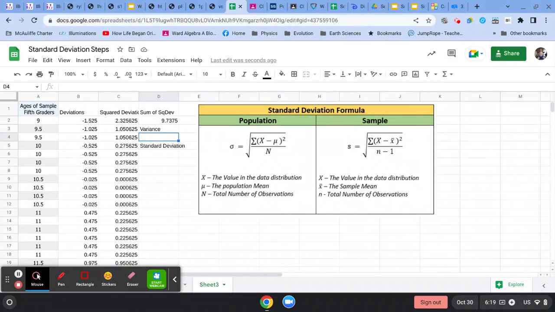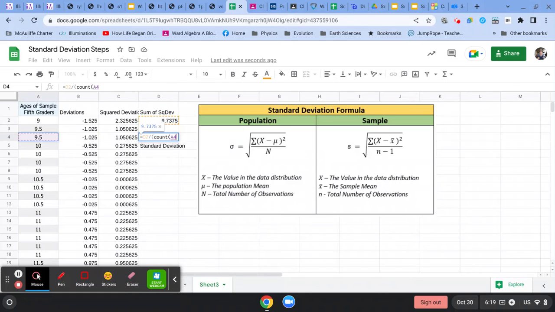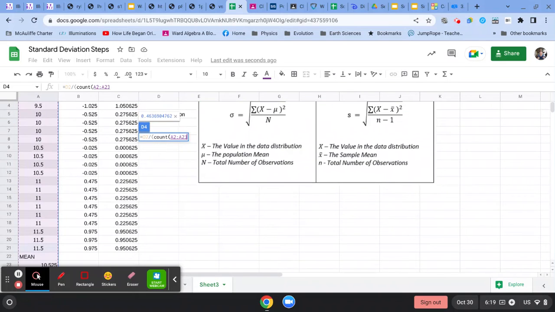Now I want the variance. The variance is just going to be this divided by, if it was the whole population, the number of things in the population. But since it's a sample, it's going to be divided by the number of things minus 1. I could count them. There's 20 sets of data, and I could say 20 minus 1, or I can say, in parentheses, count, parentheses, and then I get a count of my data. So I select A2 to A21, close the parentheses, then say minus 1 and parentheses again.